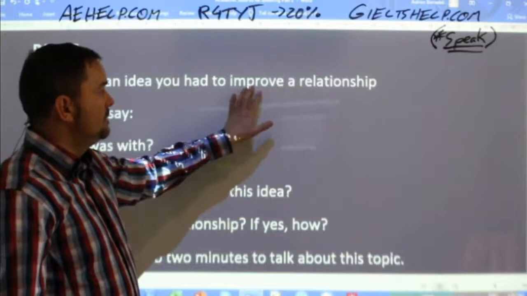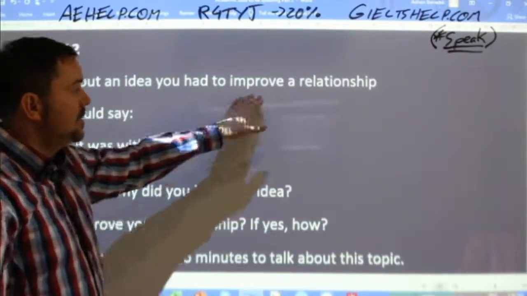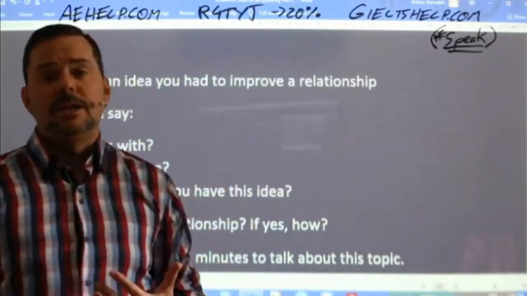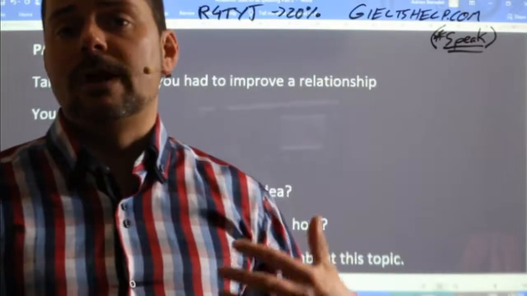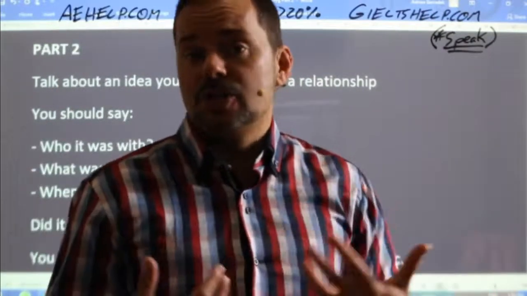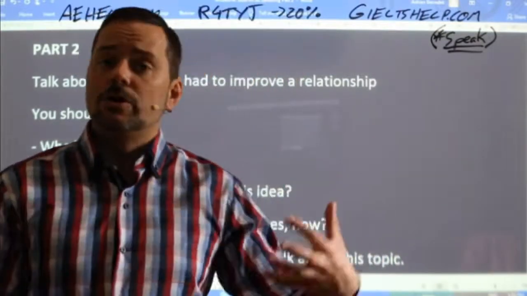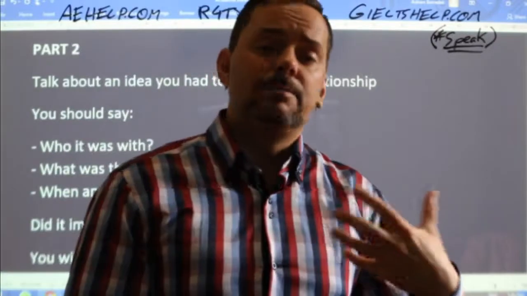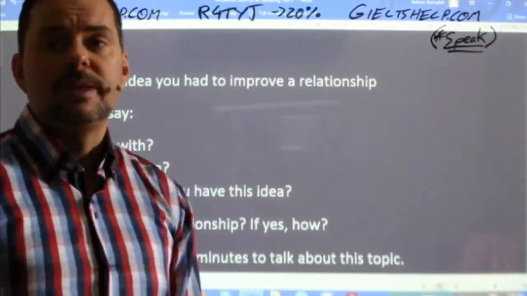Here it would say improve a personal relationship, but it just says a relationship, so it can be anybody. It could be somebody that's not related to you, but you helped someone else improve their relationship. It could be a relationship with you. So this card doesn't tell you that, okay?